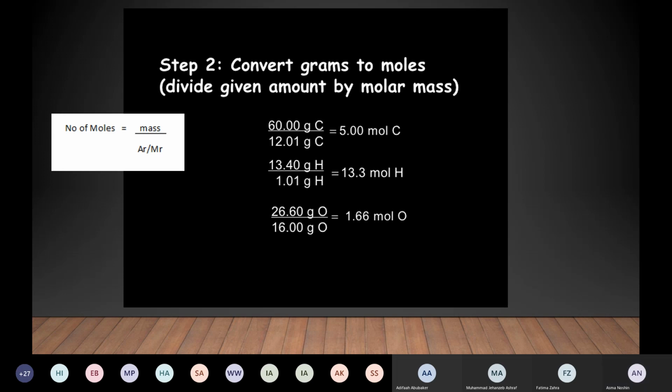Yes, Bilal. Who has got the calculation? Okay, 5 for carbon. Yes, Bilal, very good. And what did you get for hydrogen? Calculate it and tell me the answer, okay? All of you just calculate and then I will move on to the next.